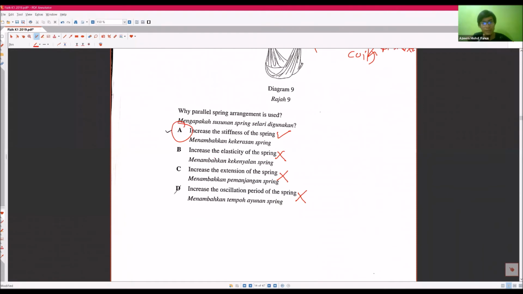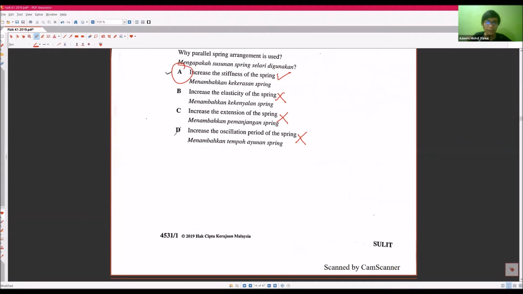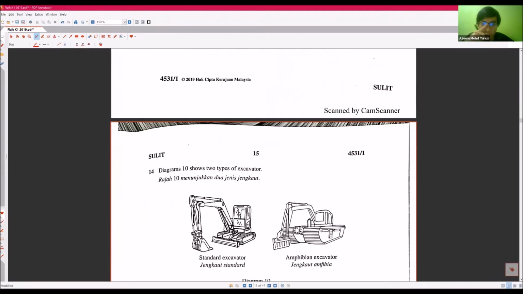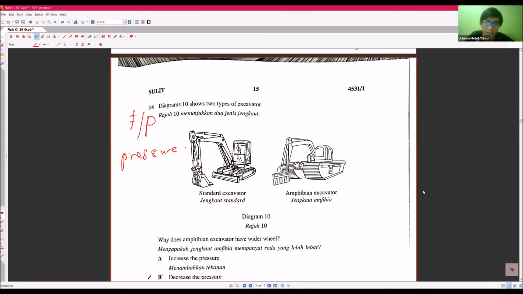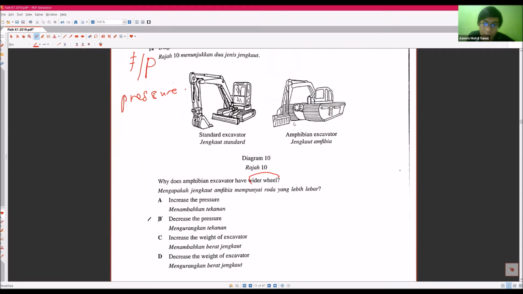Number 40. So this is force and pressure. Diagram 10 shows two types of excavator, the standard excavator and the amphibian excavator. Why does the amphibian excavator have wider wheels? Because pressure is force over area, normal force over area.